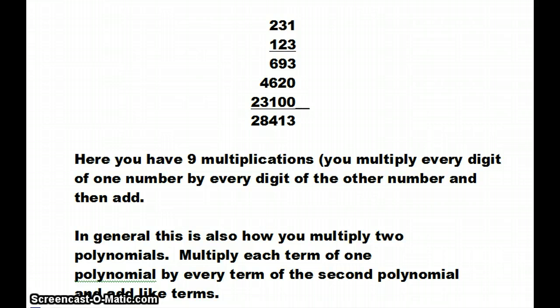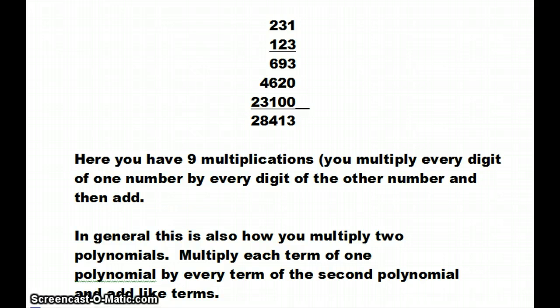We moved over one spot by putting a 0, and then we took the middle digit, the 2, and we multiplied 2 times the 1, 2 times the 6, and 2 times the 4, and got 462 for our middle row there. And then finally, we wrote down 2 zeros, and we moved over and got the 1 from the 123, and multiplied 1 times 1, 1 times 3, and 1 times 2. After we did that, we drew our line and added. So we did 9 multiplications and then we added.